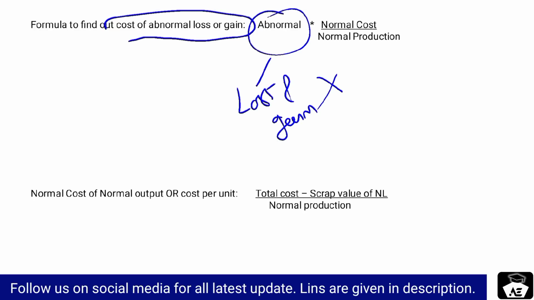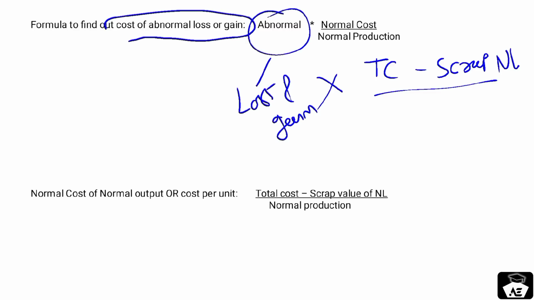Multiply by normal cost. Normal cost means your total cost minus scrap value of normal loss and divide by normal production. Again this is the unit introduced minus unit of normal loss. So this is the formula for finding out the cost of abnormal loss or gain.